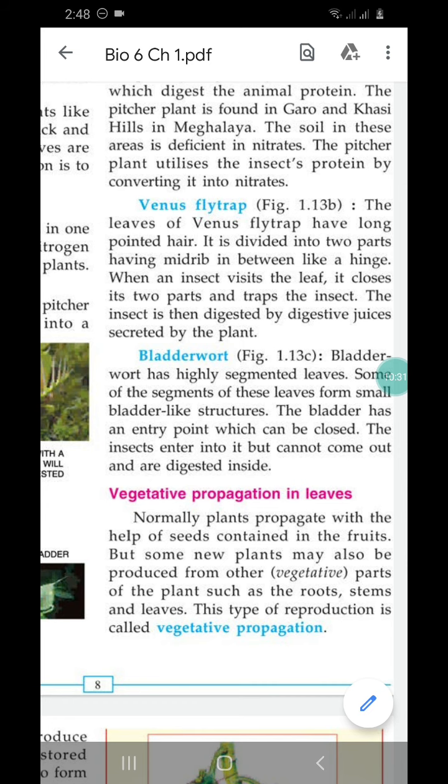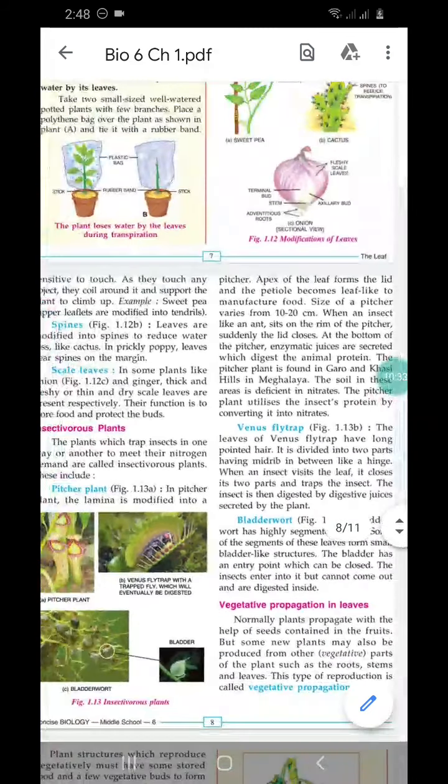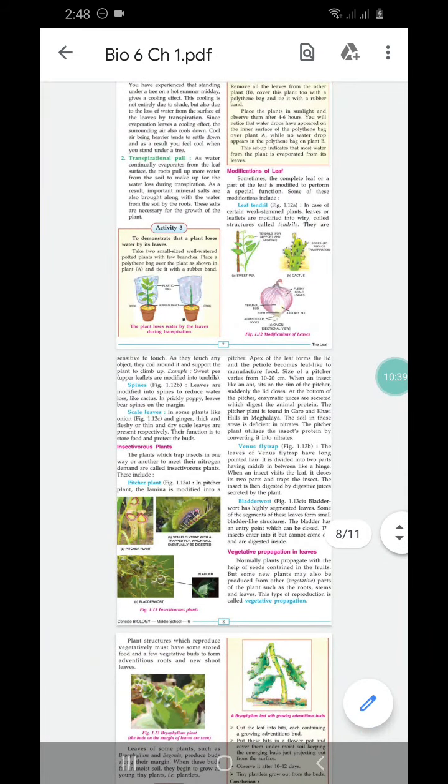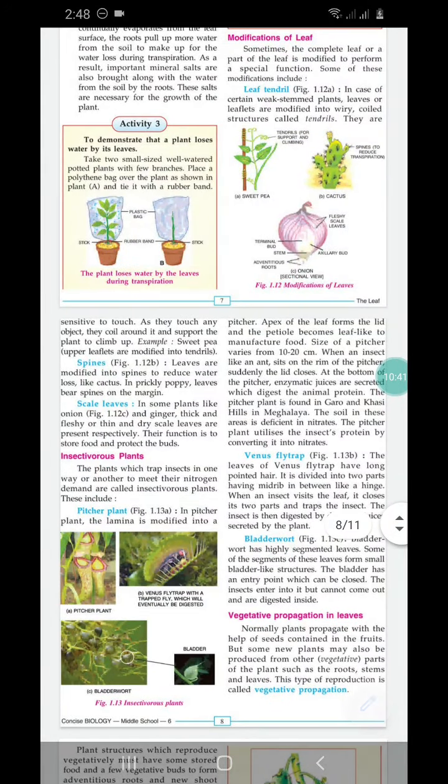So this is about insectivorous plants and leaf modifications. Today in our session we have discussed leaf modification. Modification is nothing but change. The leaves change themselves into other structures according to the need of their body function.